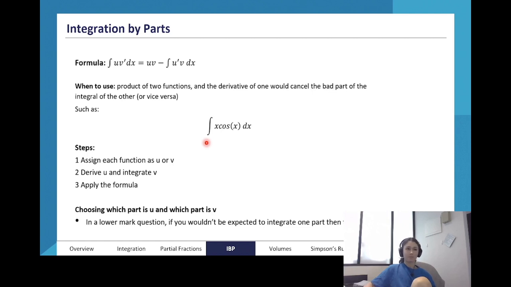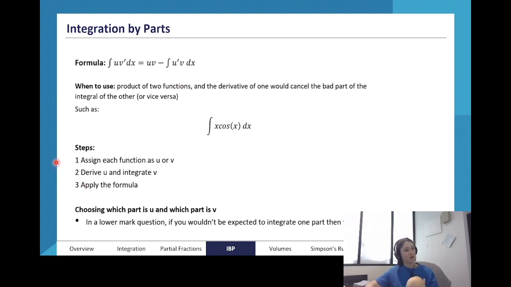And what I mean by that is that if you integrate one of these functions, it's going to cancel the other part that you don't want in the integral, because up here, of course, we're going to integrate, right? And we'll get into this in a second.